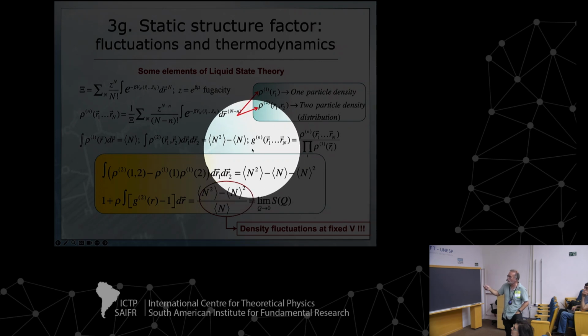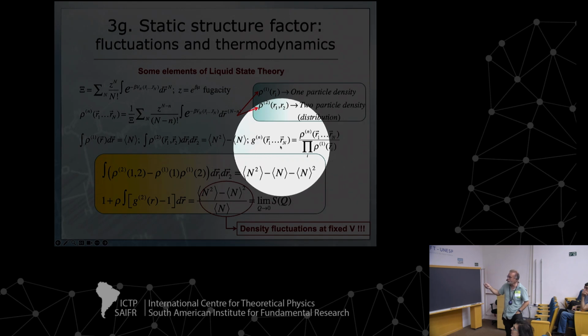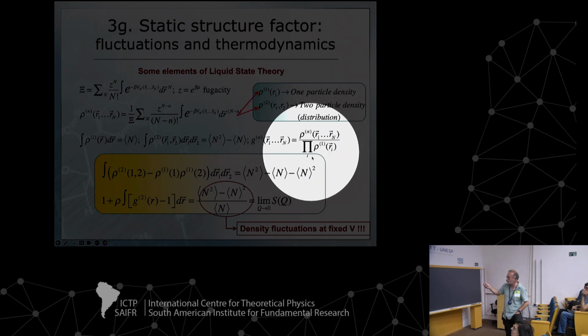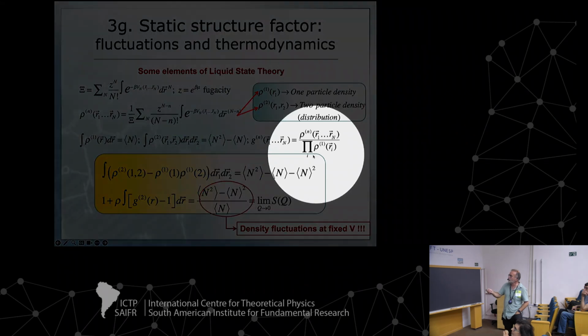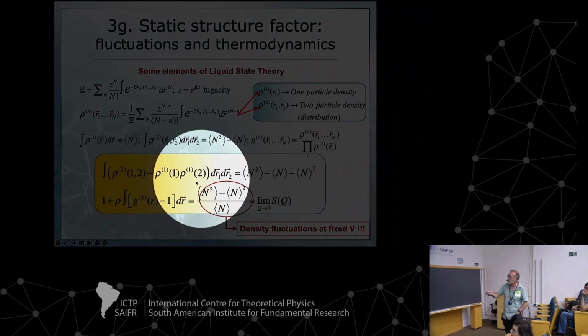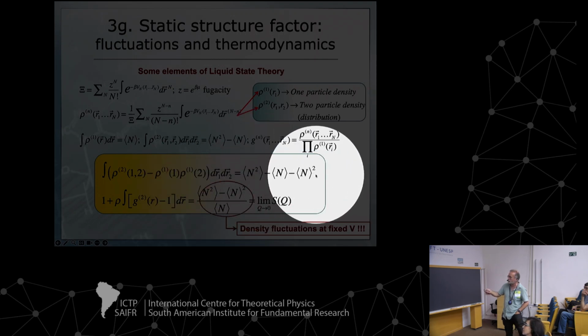And this obviously goes to 1 because for infinite separation, probabilities become independent and you can use a product here and a product down here. Okay. If you look at the fluctuation here, you integrate over this term, that's a fluctuation in density. You integrate, you end up with this average of n squared minus average n, squared.